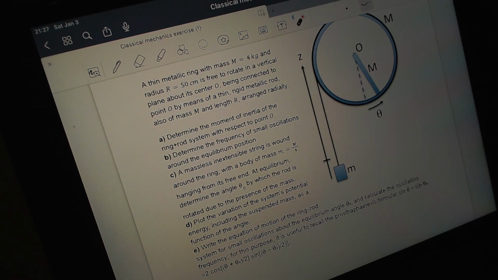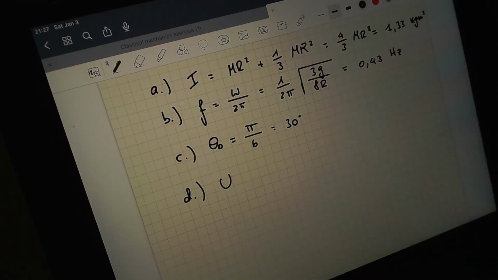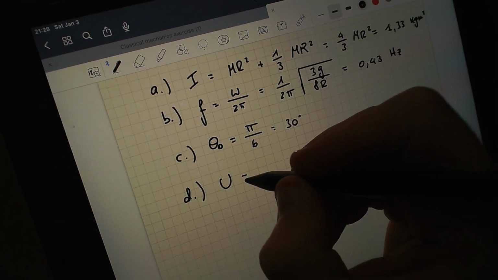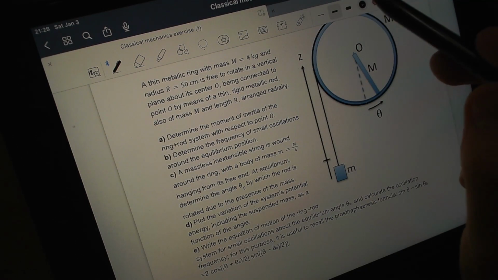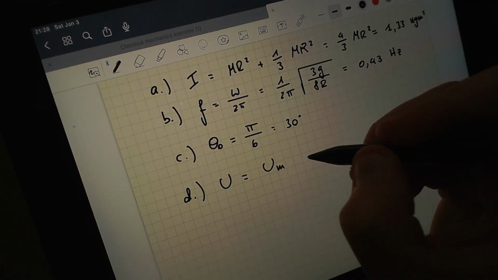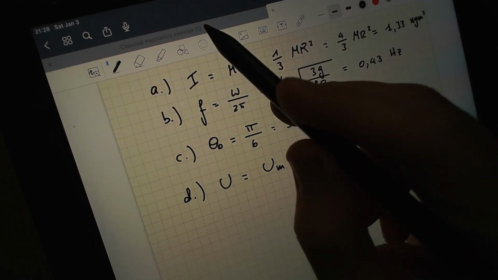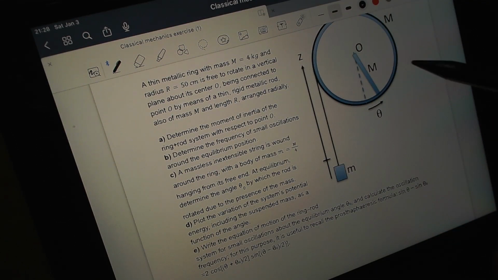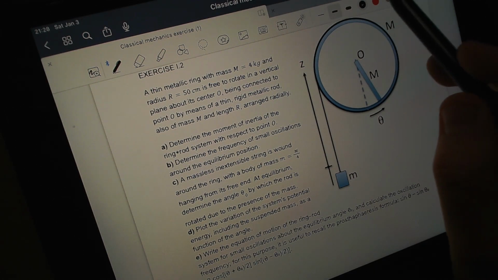So for the system potential energy we have to consider the potential energy, let's call it U, given by the potential energy of the mass m, so we can call it U_m, plus the potential energy of the system made up of the rod and the ring.